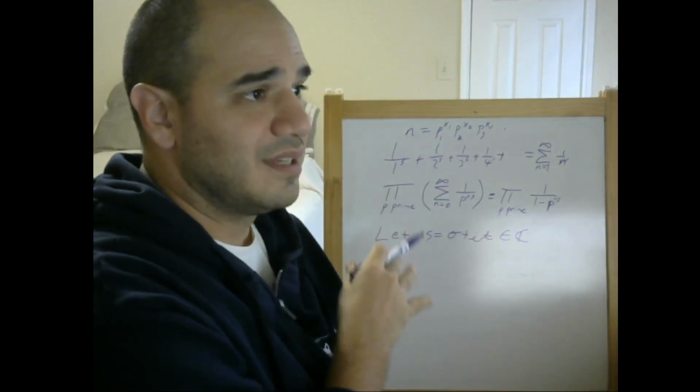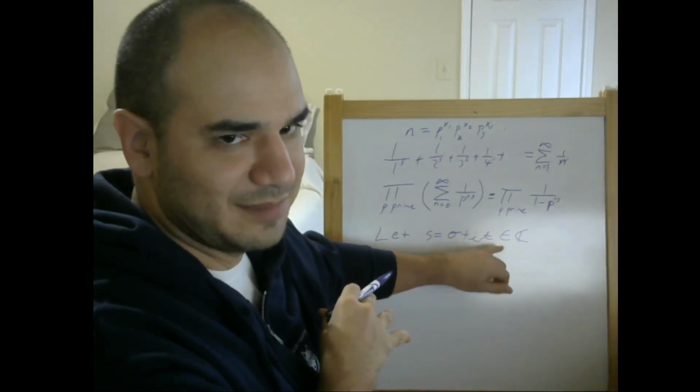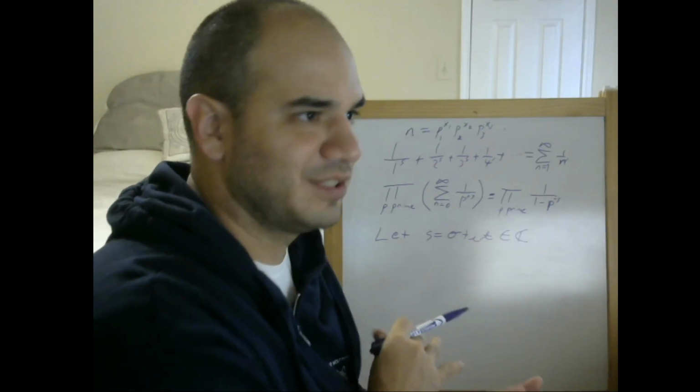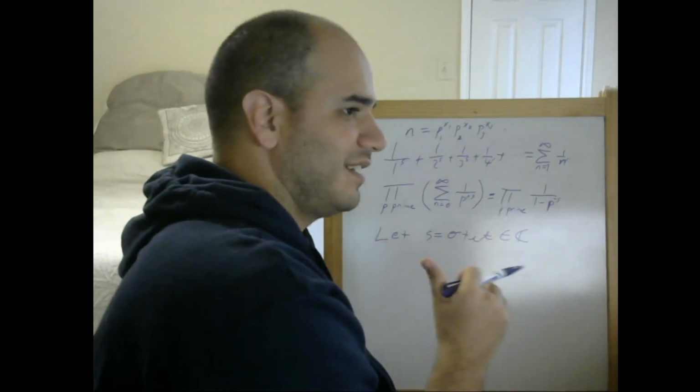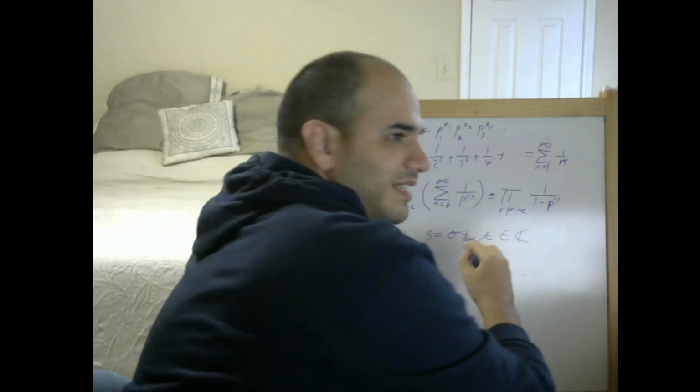Okay, so S is sigma, which is our real part, plus i times t, which is our complex component. Then we'll define this as an integral.